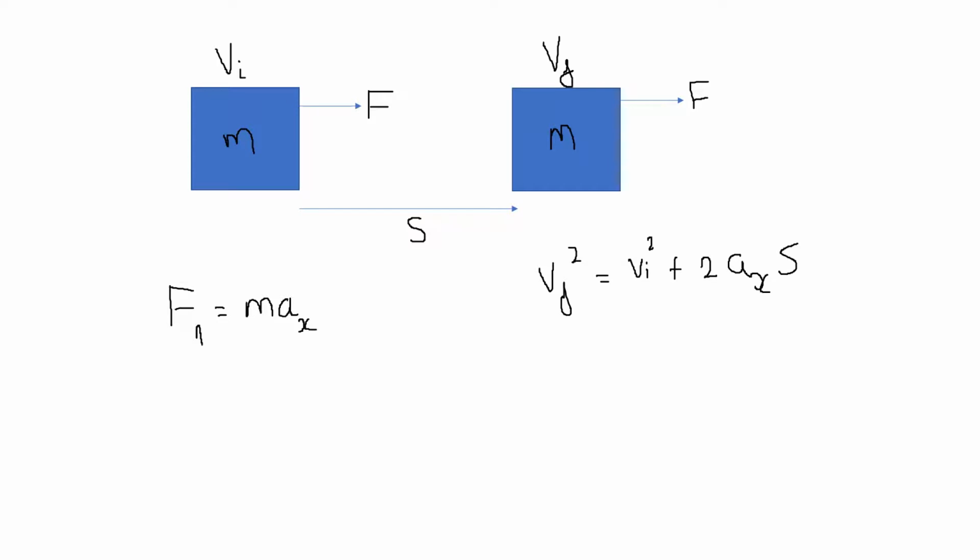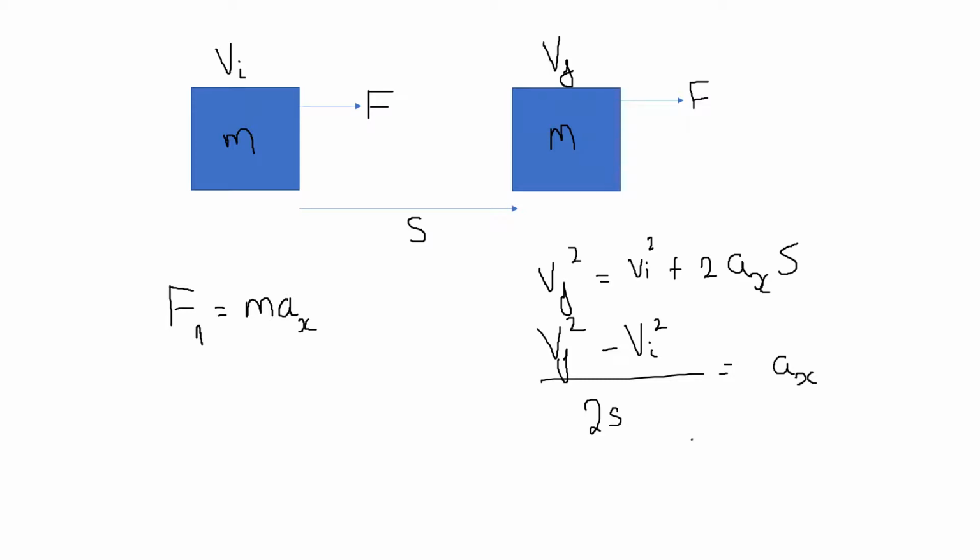So we can rearrange this equation like this. So this is the acceleration in the x direction. And because we know we start from rest, that means v initial must be 0.